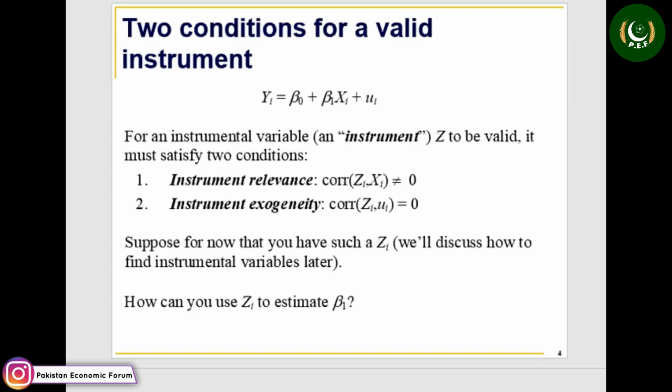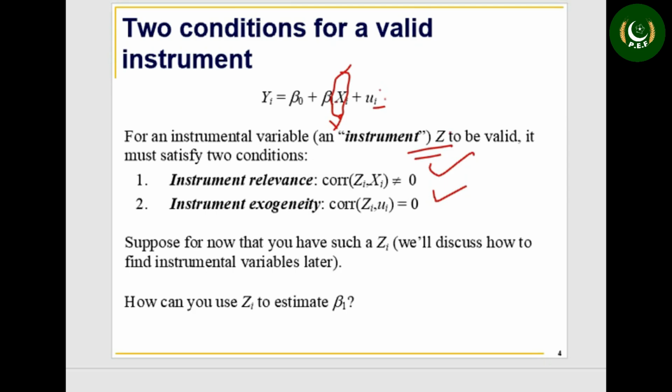Okay, let's go. X is now correlated with U. We need to find that part of X which is uncorrelated with U, and then we'll replace X with that part. So how do we achieve that? We need to find a variable Z which is correlated with X but uncorrelated with U. If these two conditions are satisfied, we say Z is a relevant instrument.